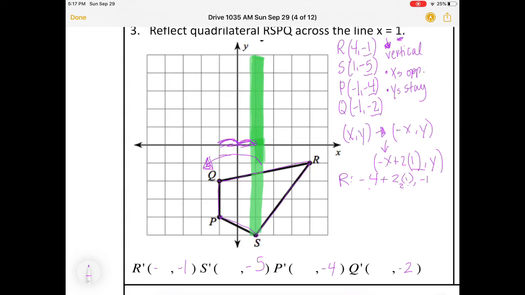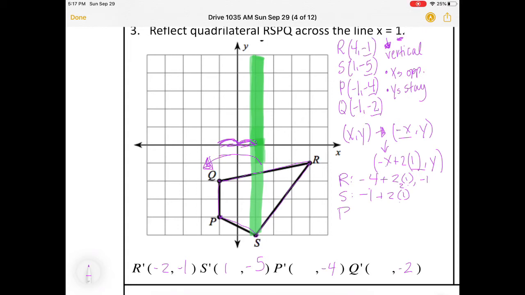So that's done down here. Now S. S is 1, but I need to make it opposite, so negative 1 plus 2 times 1. Negative 1 plus 2 is positive 1. I would pause here and see if you can find P and Q to finish those off.